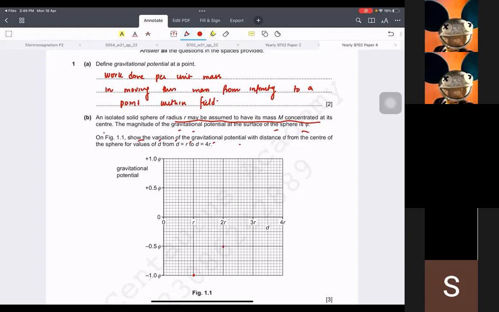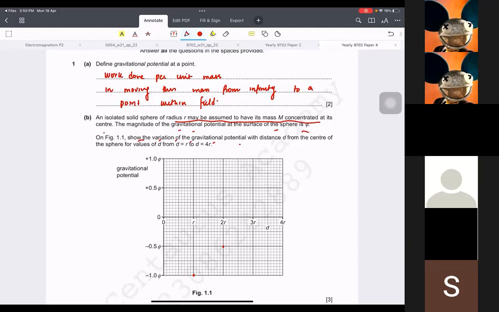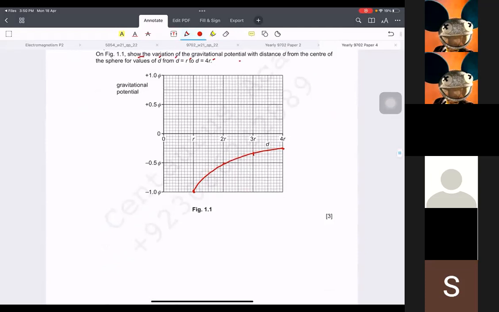At 3r, it should be one third, and at 4r it is 0.25. So 0.25 and 0.33 should be somewhere here. And then you make a smooth curve like this. Not too hard.